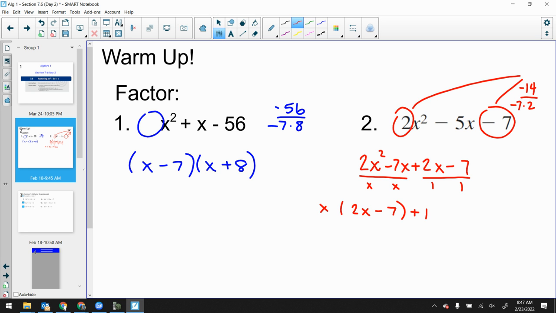We'll just write a plus 1 then. The way I did it on the keys, you'll see I reordered it in different ways, but there were certain times that I had to run into it. Now, if the GCF is a 1, you're not doing anything to it. 2x minus 7, which is good anyway, because look at my common binomial. I wanted it to be 2x minus 7.